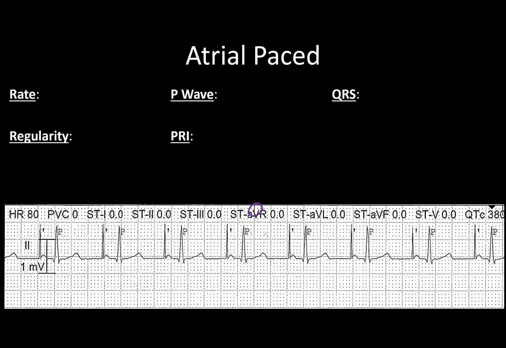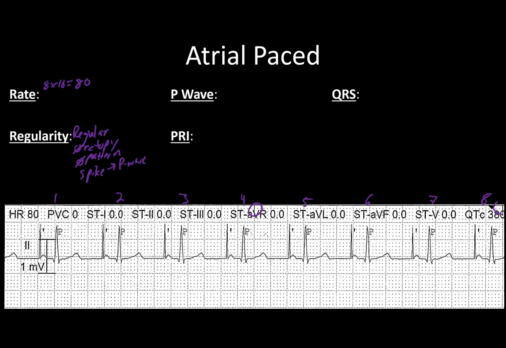We'll mark out, we have a 6-second strip. We can definitely tell that we are regular. No ectopy, no pattern. Spike yields a P wave.